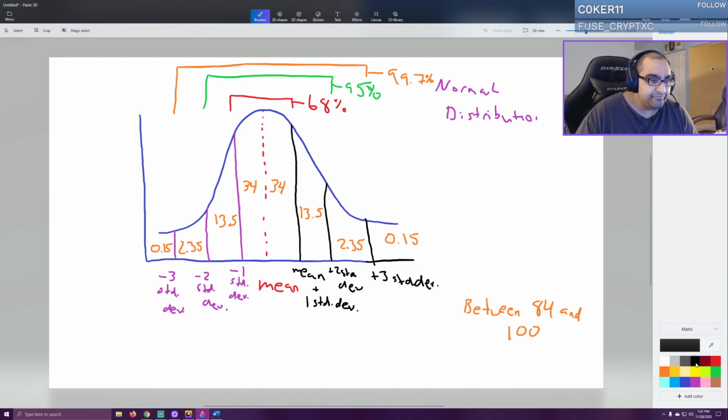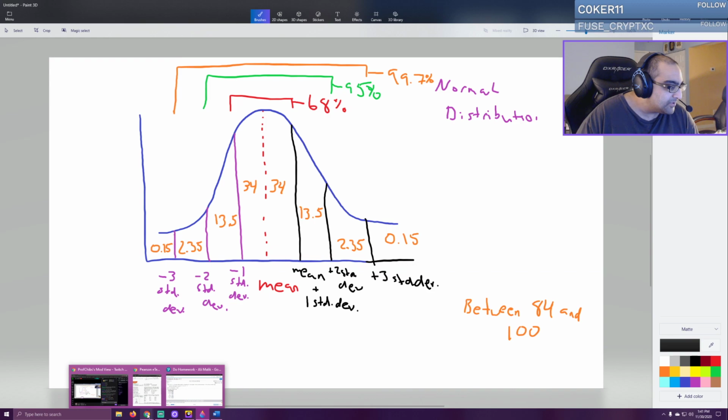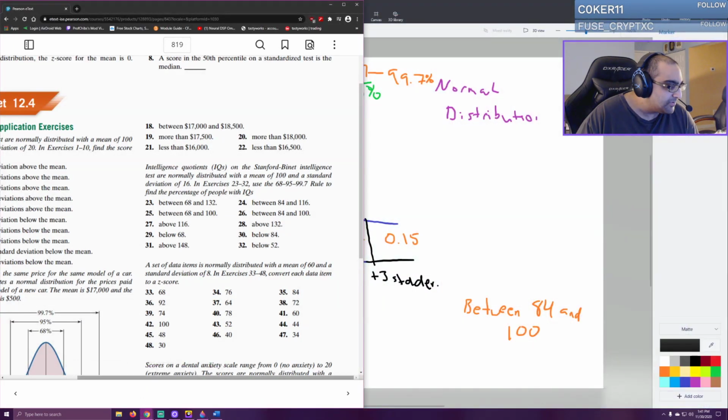Okay. Now, in actuality, this isn't as hard as you think, but I want you to take a look here for just a moment. Notice it says here that we have a mean of 100 and a standard deviation of 16. This is going to prove to be very important.